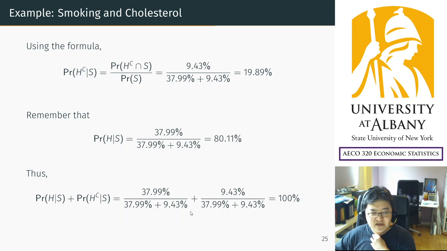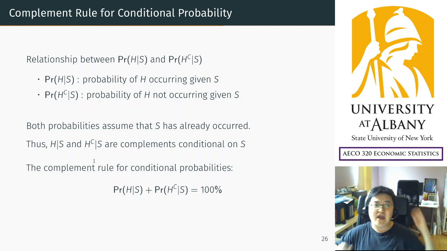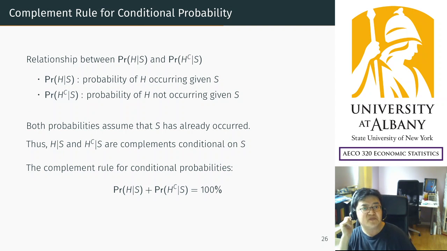If you think about these two conditional probabilities, the sum must always be 100%. The point here is the conditions are the same. They have the same condition, but the events of interest are complements to each other. It is called the complement rule for conditional probability.